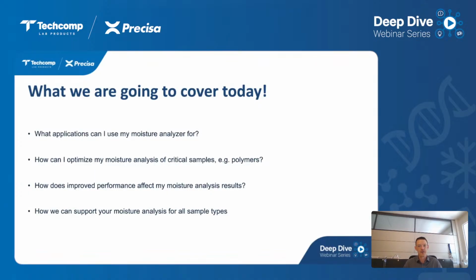Then we will have a case study on how I can optimize my moisture analysis of critical samples, for example polymers, which are difficult to measure, how the improved performance of our moisture analyzer can affect your moisture analysis results, and finally, how we can support your moisture analysis for all other sample types.